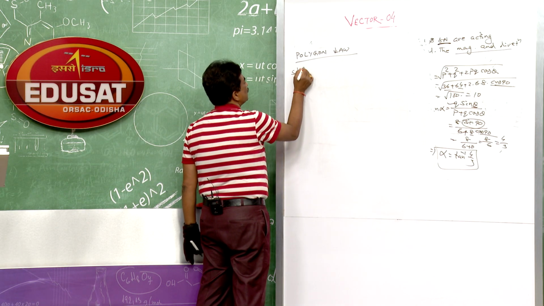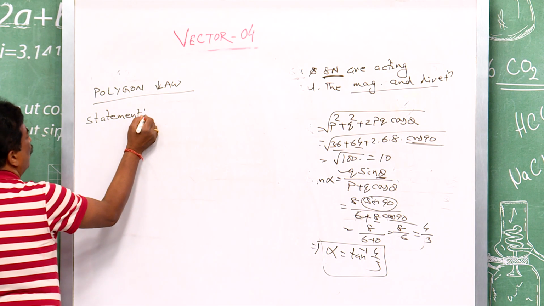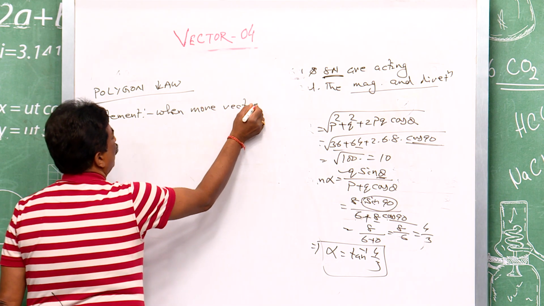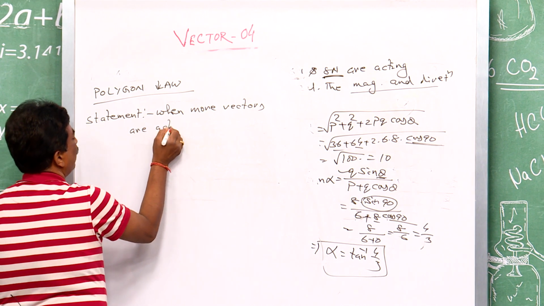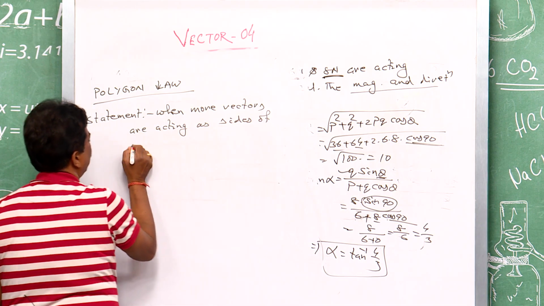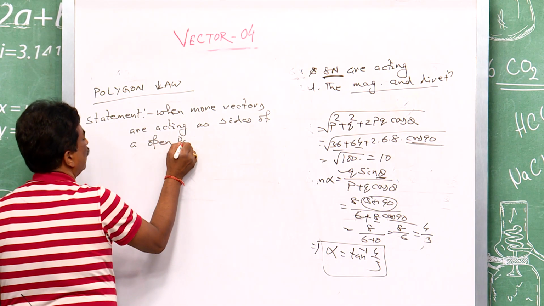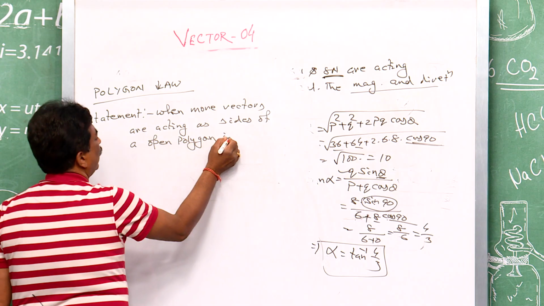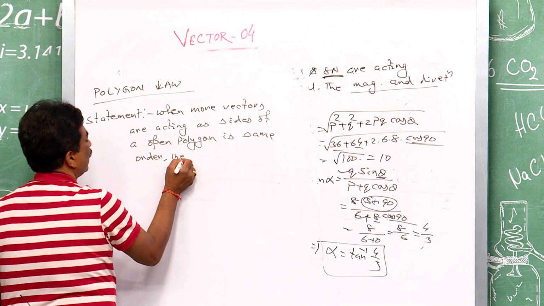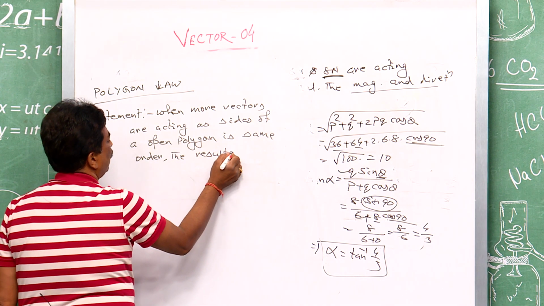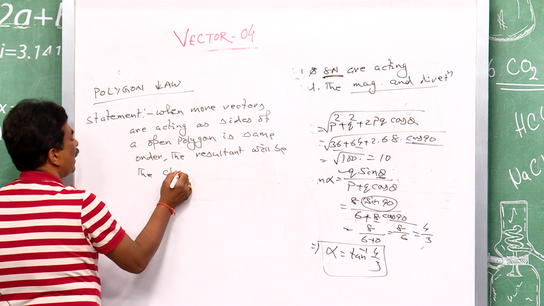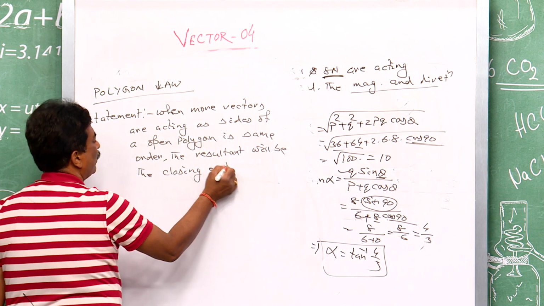For that there is a statement: when more vectors are acting as sides of an open polygon in the same order, the resultant will be the closing side in the opposite order.